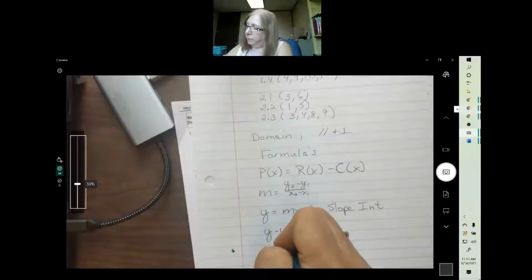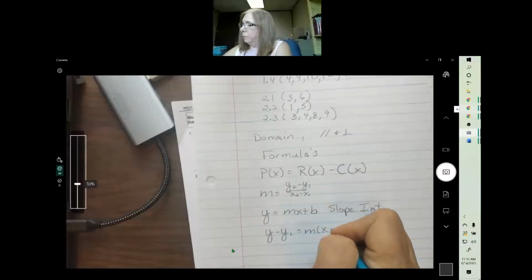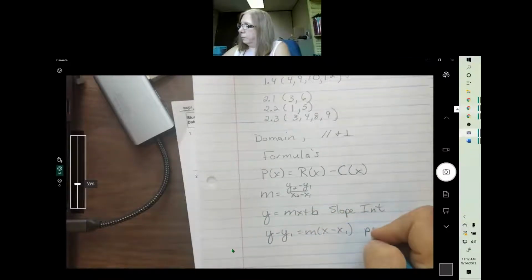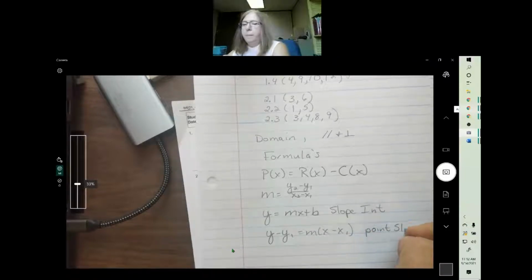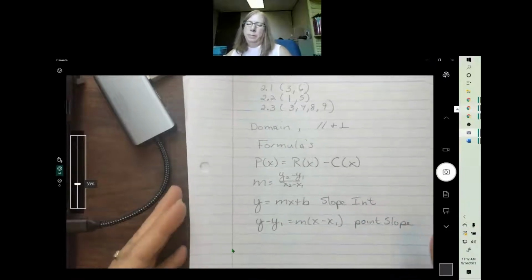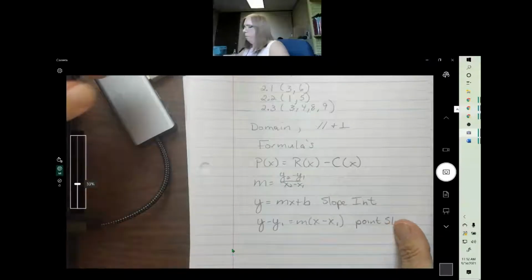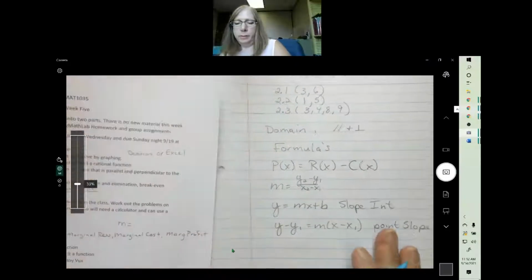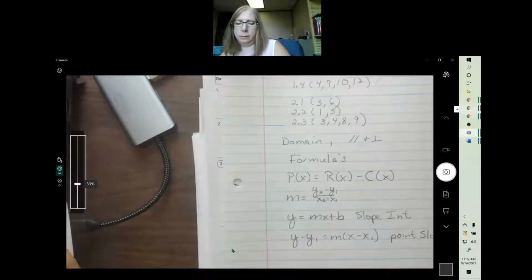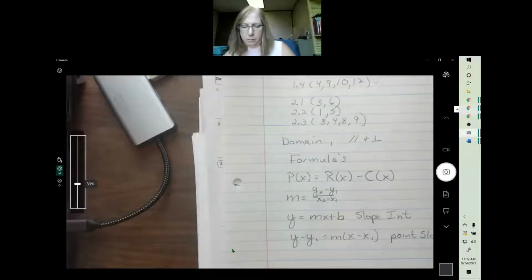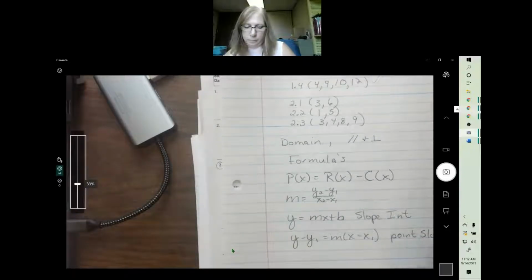You need this one to write the equation of the line. And then standard form, you don't need that one. Let's see what else is here. Slope. I think that's it for formulas.